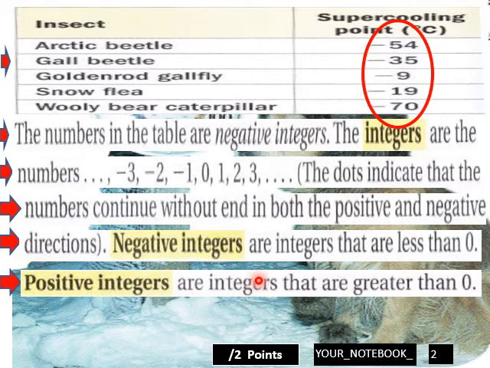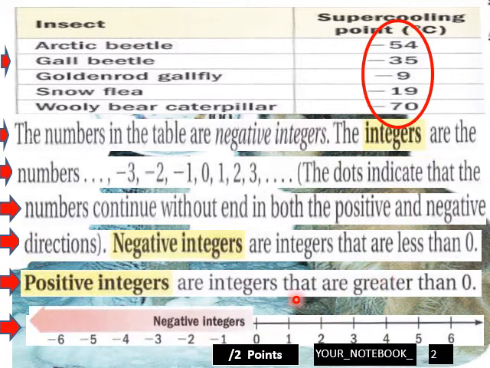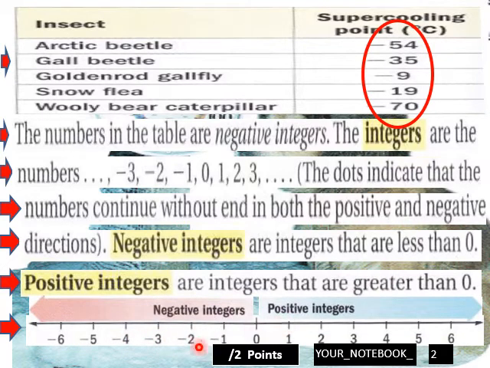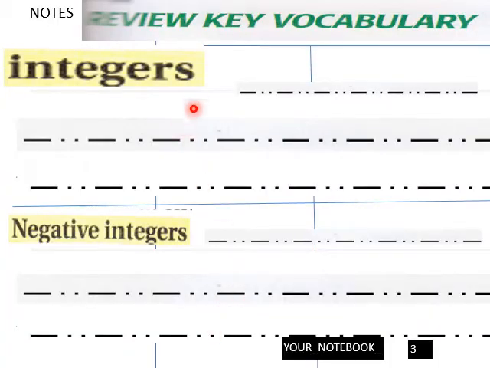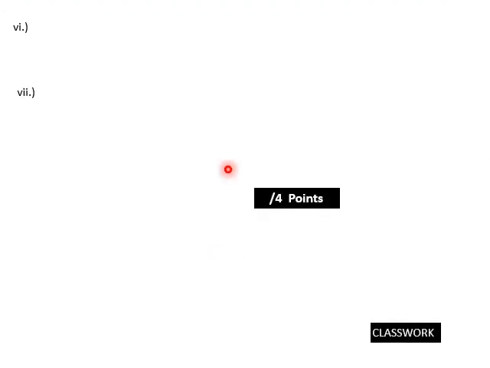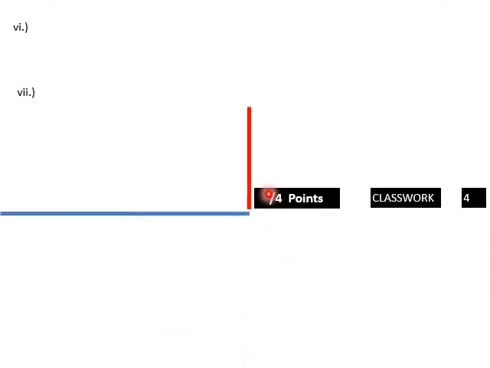Positive integers are integers that are greater than 0. So here's a number line. These will be negative integers here, and then these are positive integers this way. And now for you, in your own words, students, define integers, and define positive integers and negative integers.